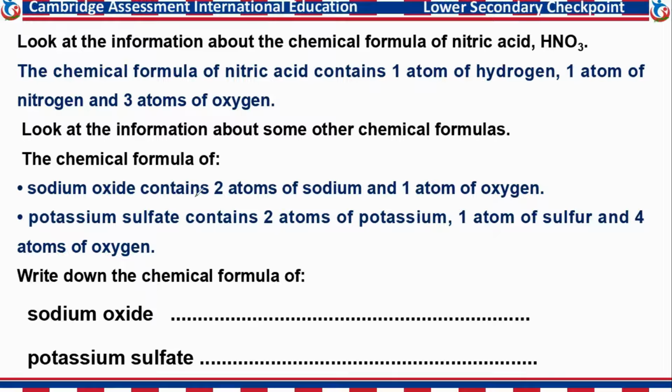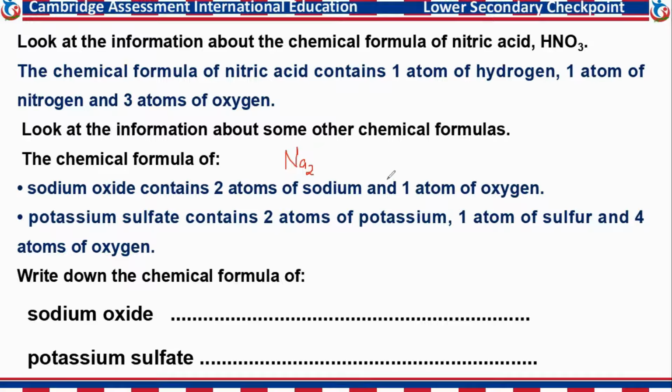With the information we have, it says 2 atoms of sodium. Now you should know the chemical symbols of your first 20 elements. And if you don't remember, you have your periodic table at the back page of your question paper. So not a big deal. The symbol for sodium is Na, and it says 2 atoms, so you have your subscript immediately after the symbol.